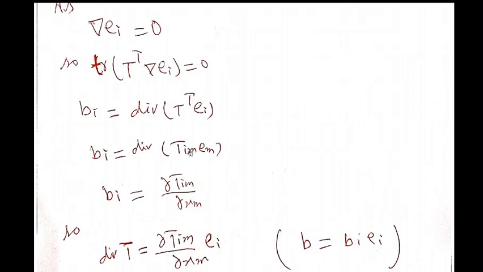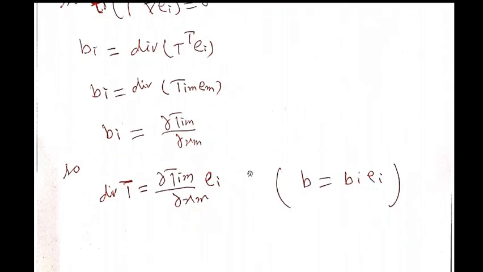Here the components are Ti1, Ti2, Ti3, so we get partial Ti1 partial x1 plus partial Ti2 partial x2 plus partial Ti3 partial x3, which we can write as partial Tim partial xm. These are the Bi, the components of vector B; basically the components of the divergence of T. So we can write the vector B equal to Bi Ei, that is partial Tim partial xm Ei.